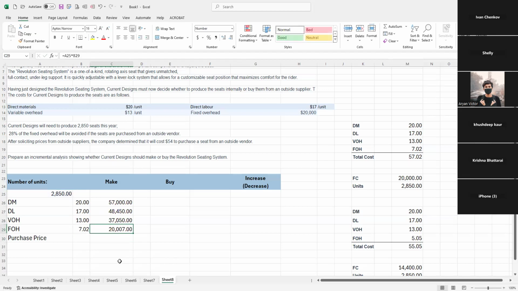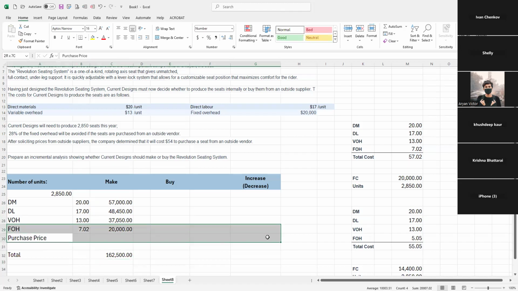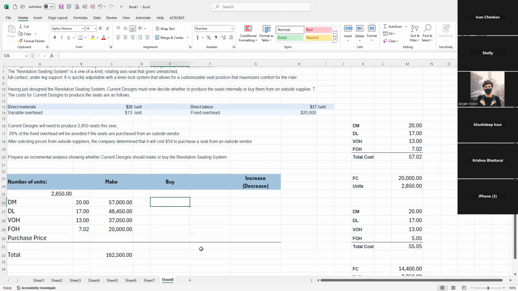Let's see if that's correct. 20,000. So how much is my total cost if I make it? 162,500, correct? Yes. Let's start with buying it. If I buy it, do we have to pay for direct material? 0.